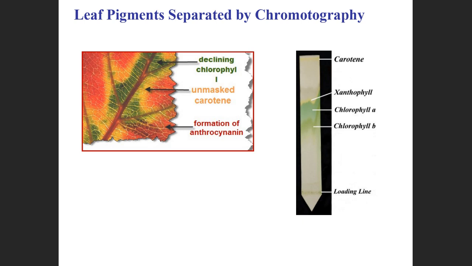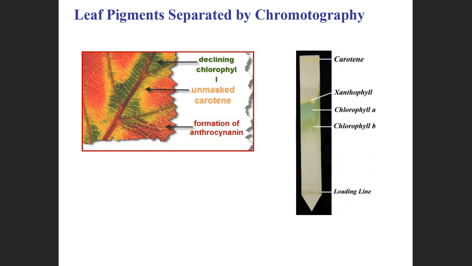And so there are different kinds of pigments. We see carotenes or carotenoids, which are typically yellows and oranges, along with the xanthophylls. Certain plants make anthocyanins, which are red, right? So not all leaves have any red in them. It just depends on what accessory pigments they have.